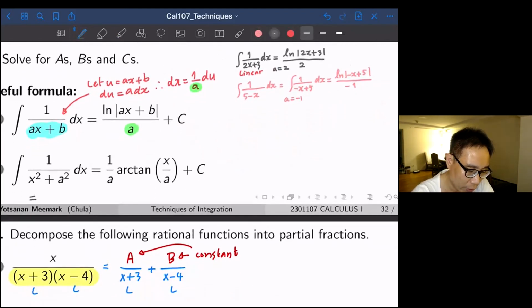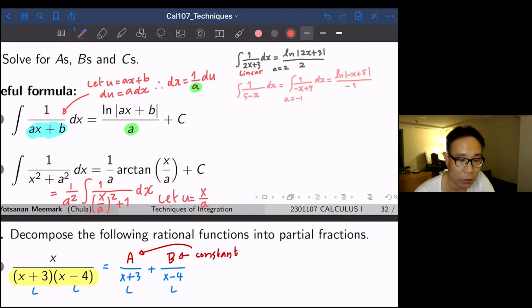I taught you before that this can be written by pulling out a square, so it's going to be 1 over a squared times (x over a) squared plus 1, dx. You're going to let u be x over a and use the substitution. This is how we integrate.